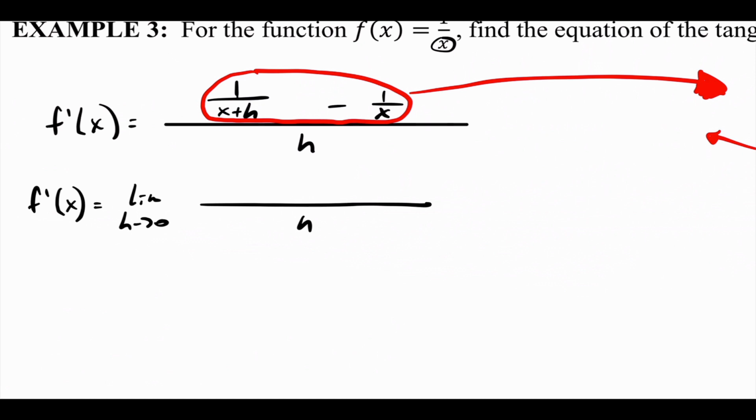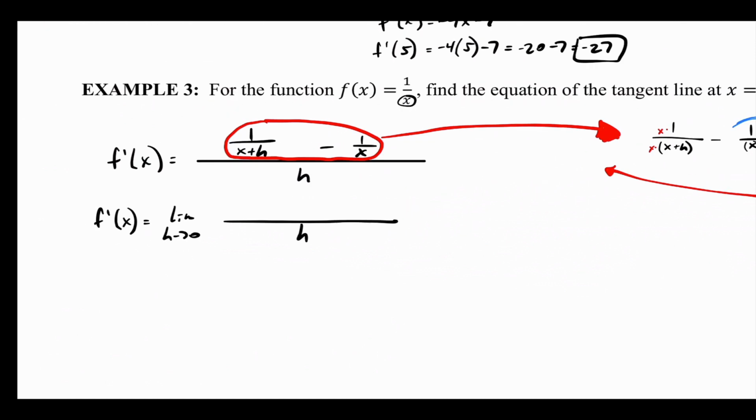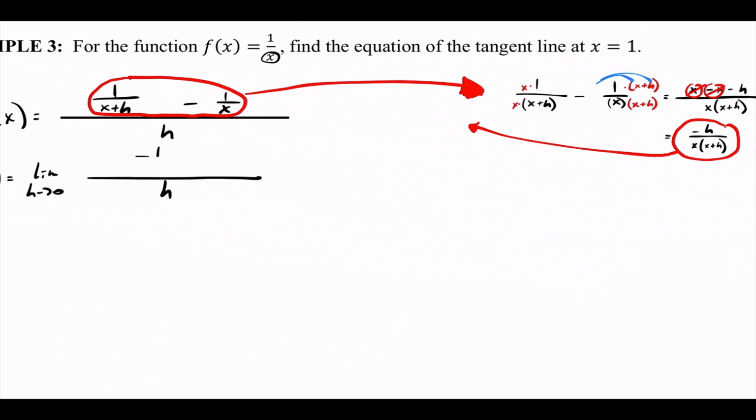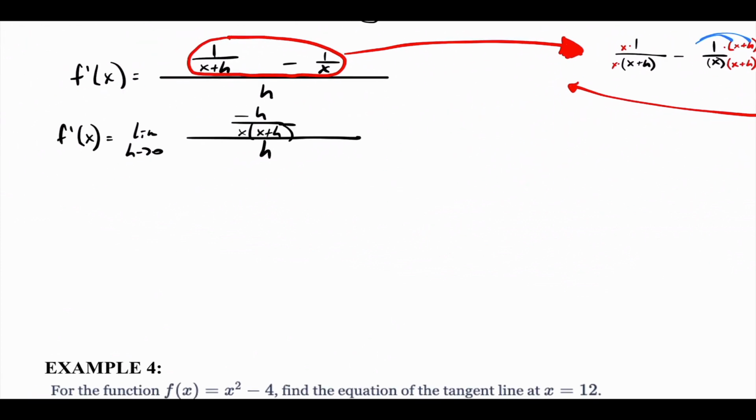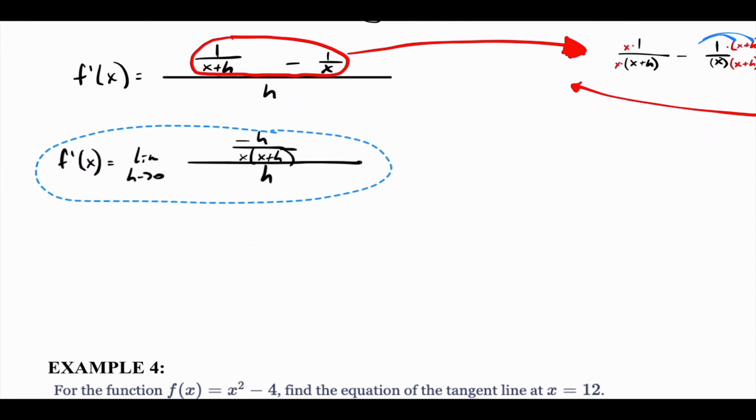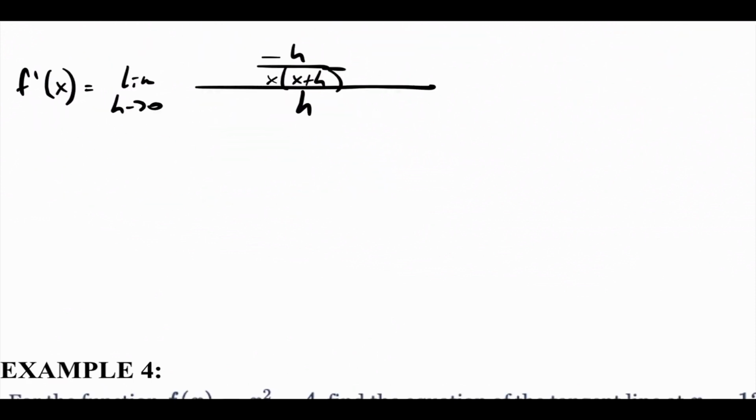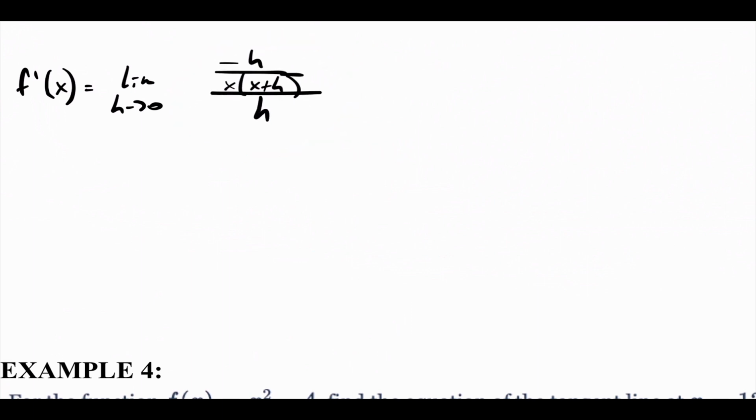Instead of the top being that, it is -h over x plus h. Okay. Still get 0 over 0 if I plug in 0.